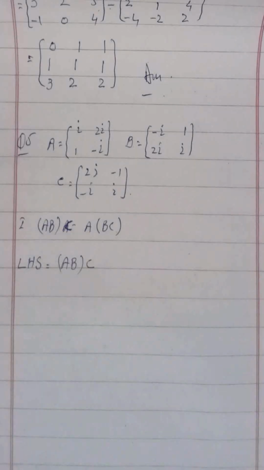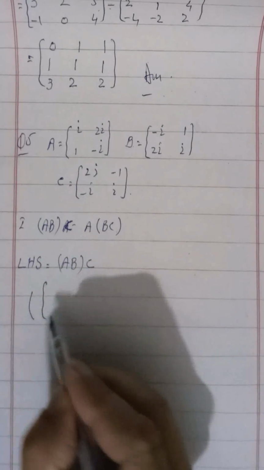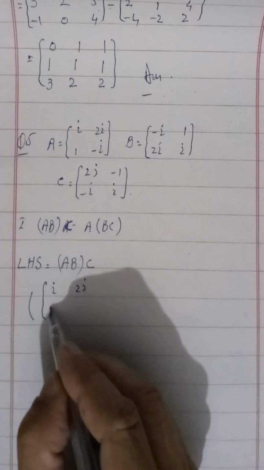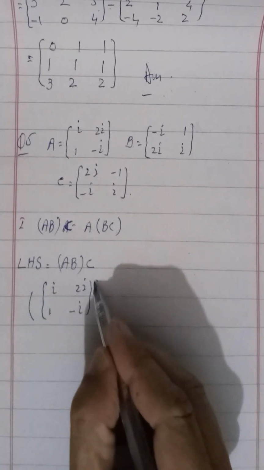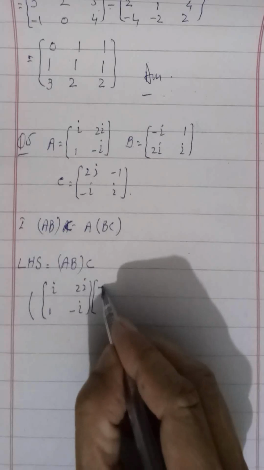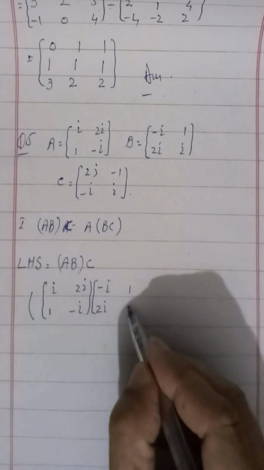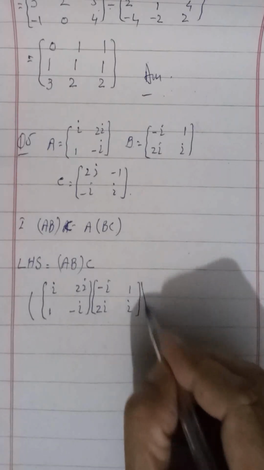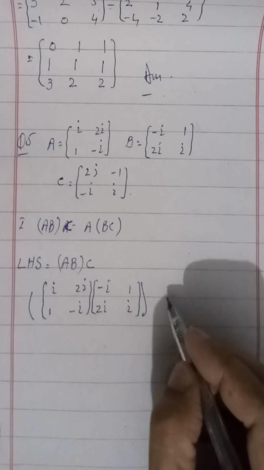We write A matrix is [iota, 2 iota; 1, minus iota], and the second is [minus iota, 1; 2 iota, iota], and the C is outside the bracket.